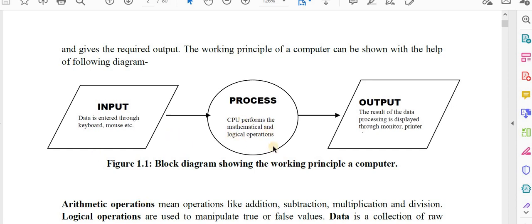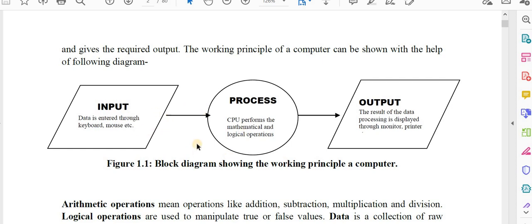And you can see here the block diagram of the working principle of a computer. So how does a computer work? You have to give inputs. A computer does not do anything itself.